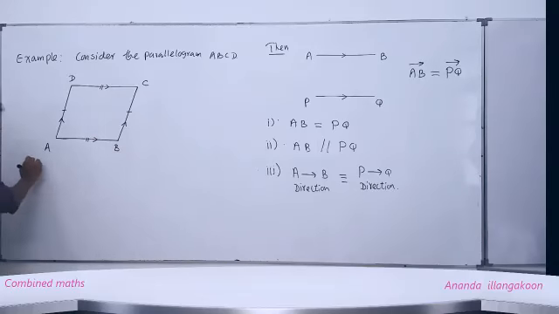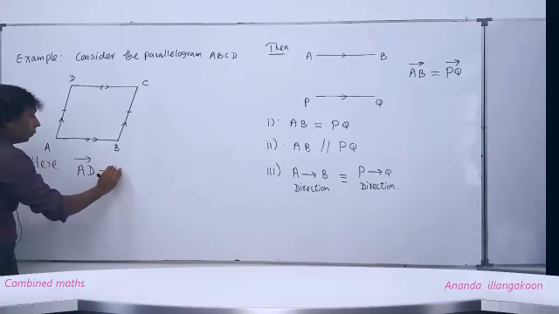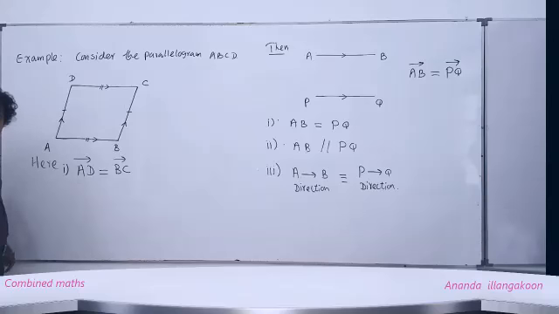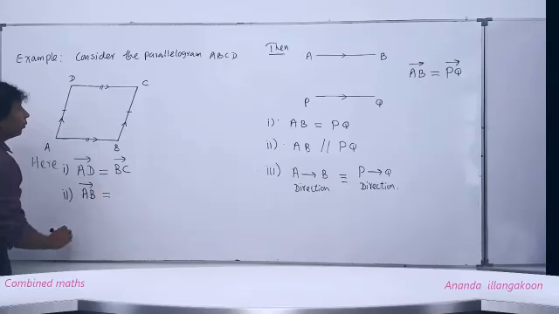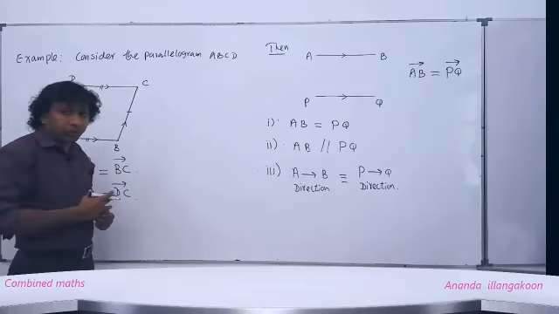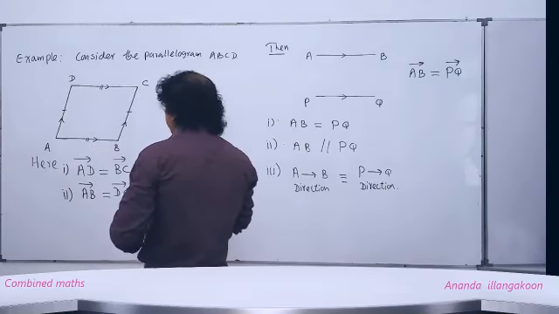Here you can see, AD vector is equal to BC vector. The first equal set of vectors, these two. Secondly, AB vector is equal to DC vector. This is how we take that. Draw this parallelogram and take down this.